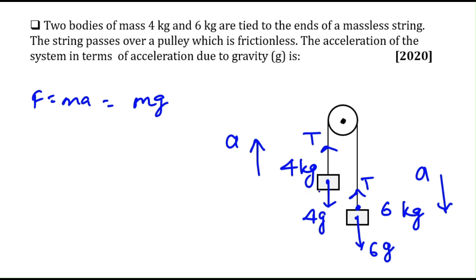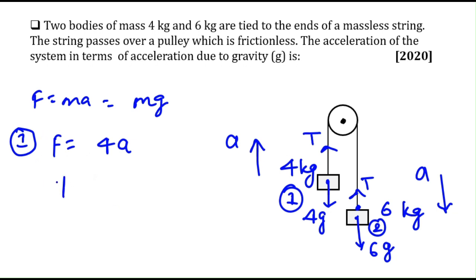So let us write the equation for the second law of motion separately for these two bodies. In case of the first body, let's say this 4 kg body is the first body and this one is the second body. The net force on the first body should be equal to 4 times acceleration, F equals ma. And this net force is nothing but T minus 4g.